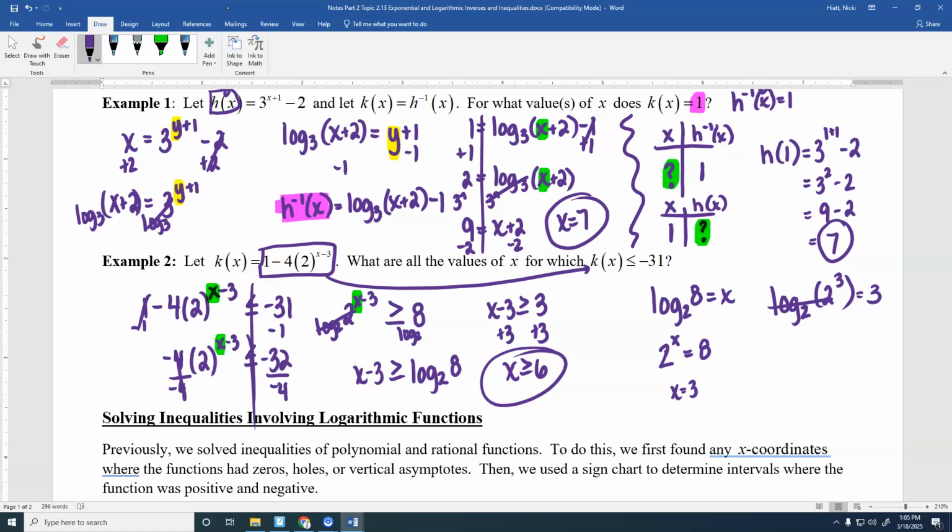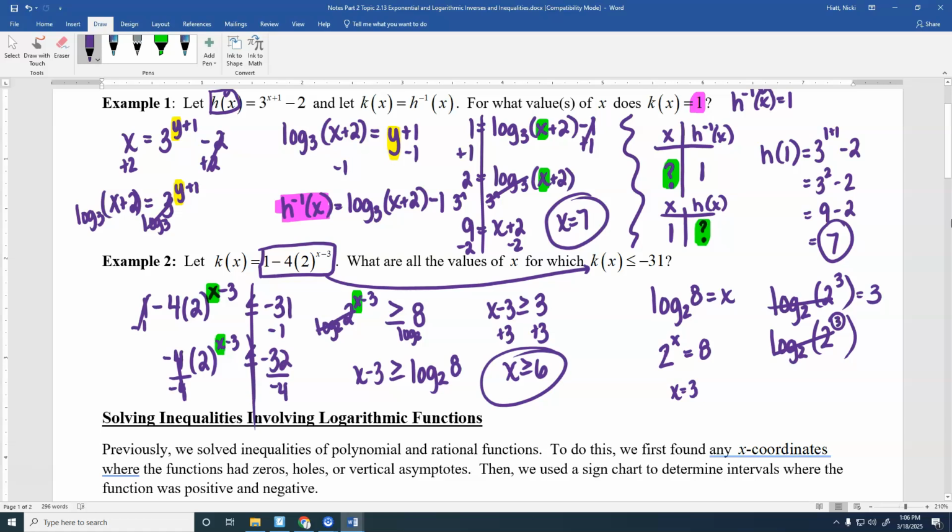Okay. For the log base 2 of 8, the way I prefer to think about it is, I know that if I've got log base 2 of 2 to some power, the log base 2 and the 2 will cancel each other out. So in this case, 8 can be written as 2 to the 3rd.